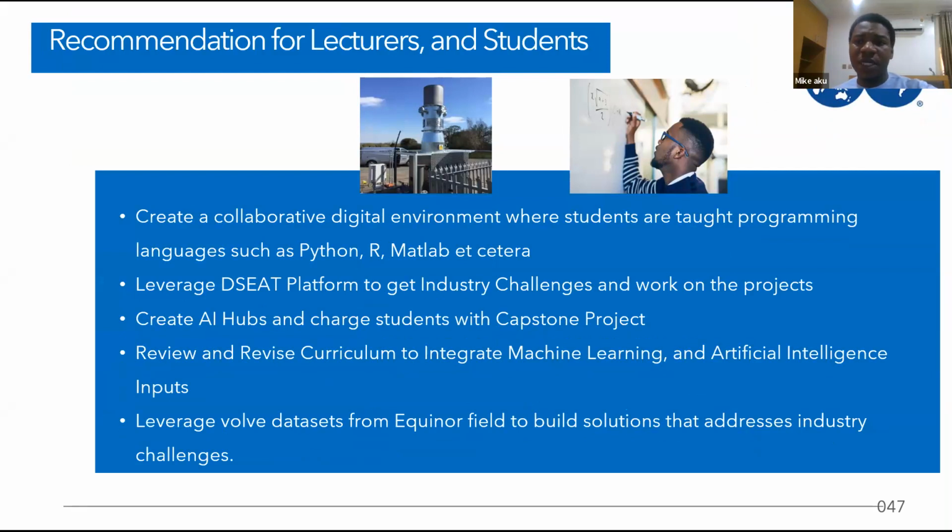It also helps in understanding what's working behind the scene. Like Prof mentioned, sometimes we don't know what's happening behind the scene. If the algorithms are not written by you, you probably need to understand what is running behind the scene. So you need to create a digital environment where students are taught some of these things.